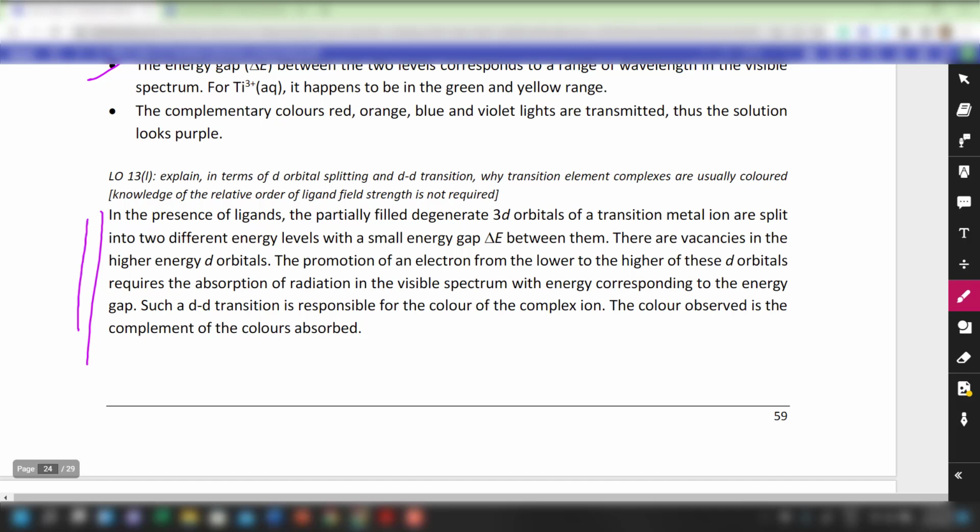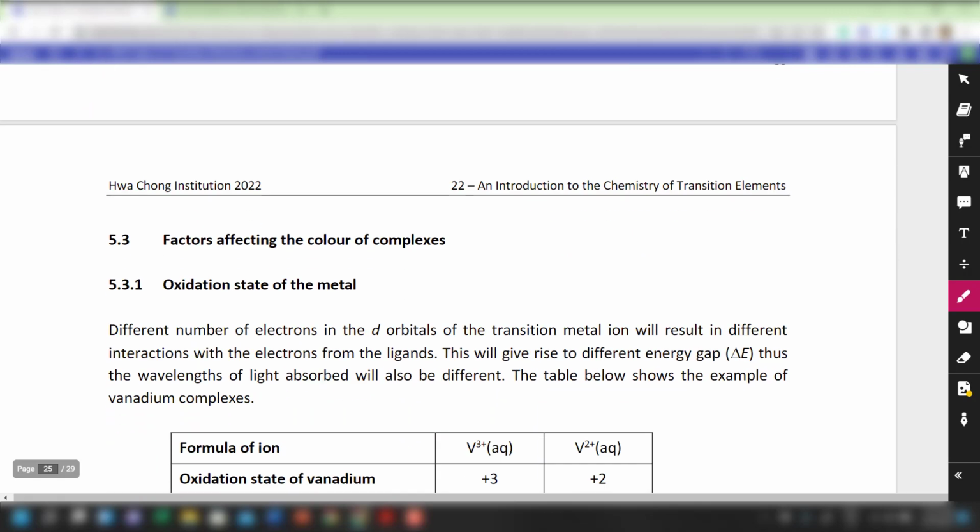The color you observe will be complementary to the wavelength of the light being absorbed. That's about it.